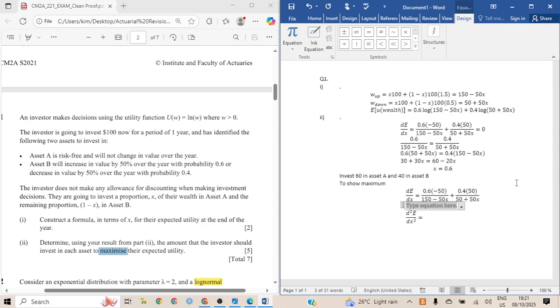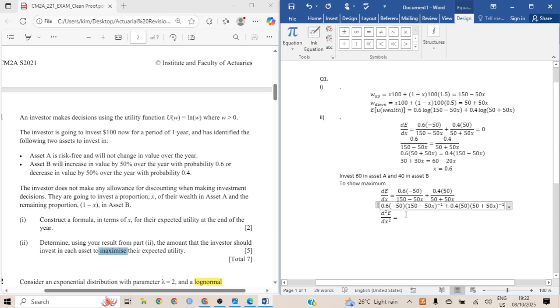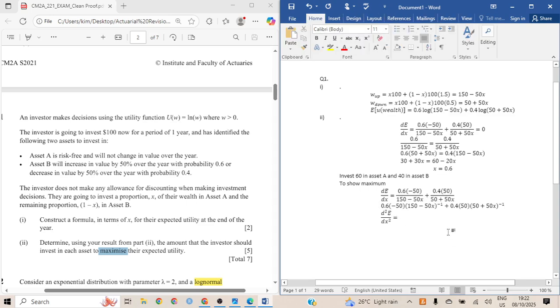Let me rewrite the first derivative: 0.6 into minus 50 into 150 minus 50x, raised to minus 1, plus 0.4 into 50 multiplied by 50 plus 50x, again raised to minus 1.